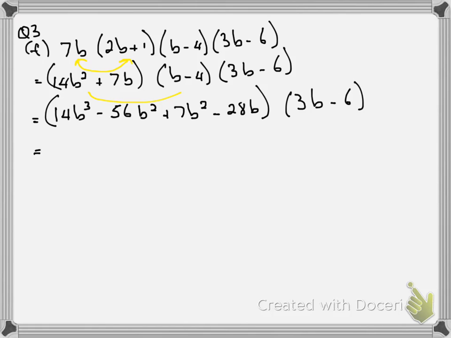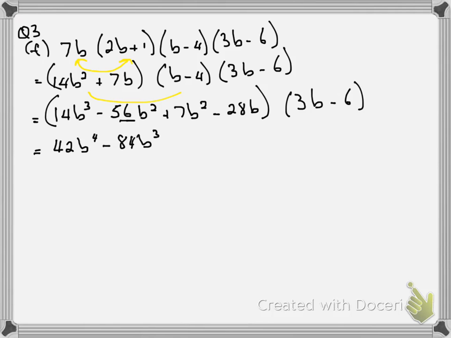Equals. The last thing I do is expand this whole bracket. So that's going to be giving me 3 14s are 42, 42b to the 4th, minus 6 14s are 84, 84b cubed.